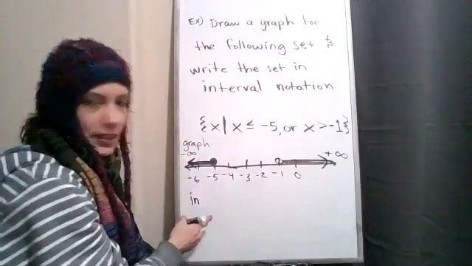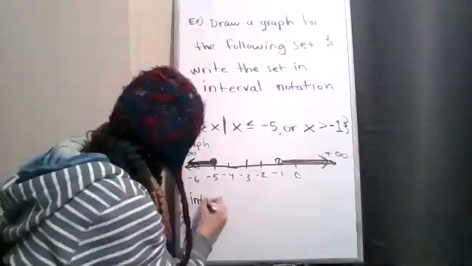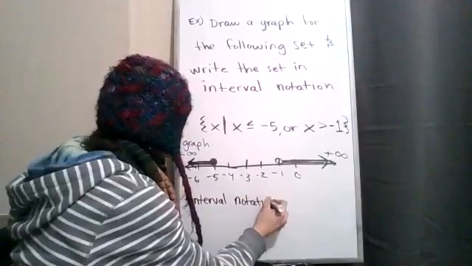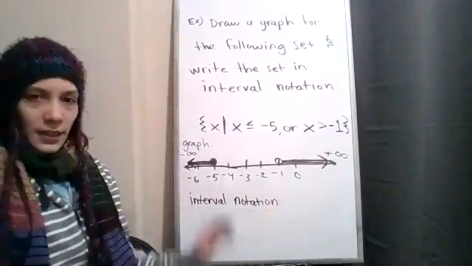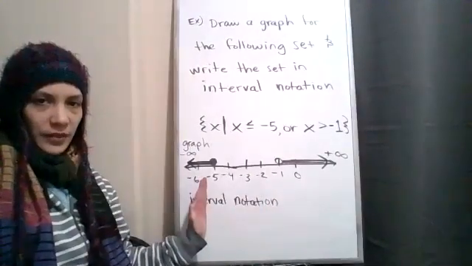Now interval notation is going to start on the left, negative infinity up to negative 5, include negative 5 with a square bracket.